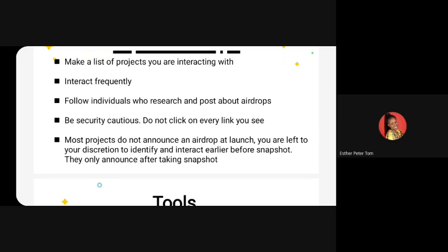You want to look at how much the project has raised. Also, look at hype. Look at how many persons are farming this stuff, and see if it's overly saturated. If you don't have an advantage, there's no point farming an overly saturated airdrop, to be honest, because you end up getting peanuts, that is if the project even airdrops. Except you're an influencer with like 100K followers, and you can use a referral link and have an advantage there, right?